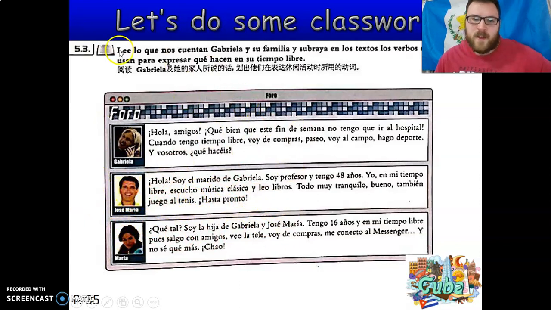This just wants you to look and underline or circle the verbs that show activities. They're all gonna be in the present tense because they're talking about themselves, like I go shopping, I go to the movies, I listen to music, stuff like that.